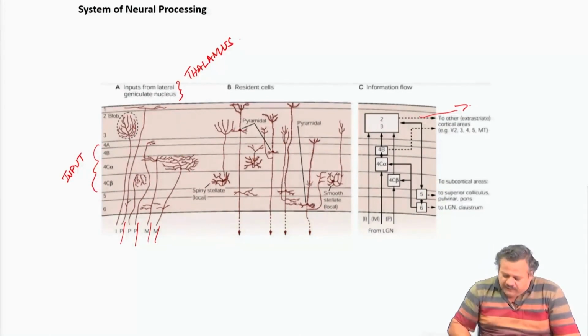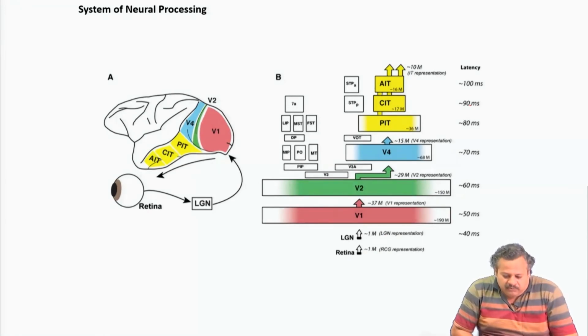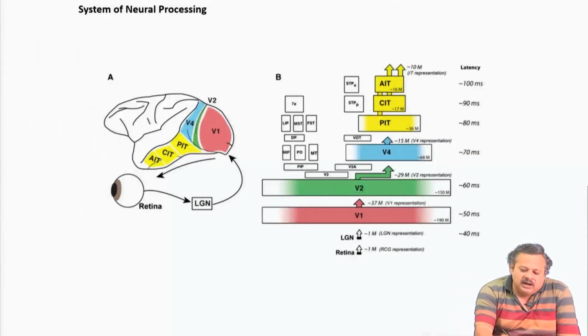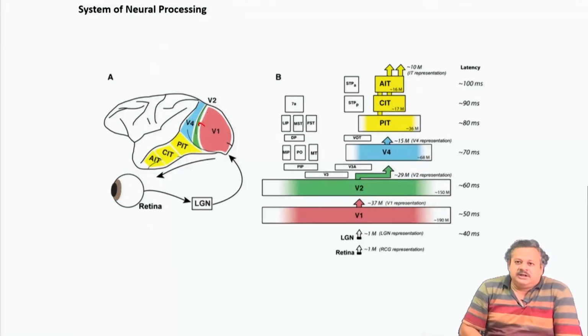So, similarly, if we look beyond the primary visual cortex, as we said, output from the primary visual cortex goes into the secondary regions. In this case, we are now looking at the primate primary visual cortex, which is much larger than in the human. The primary visual region then projects onto secondary regions, V2.